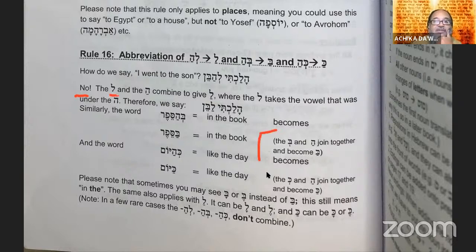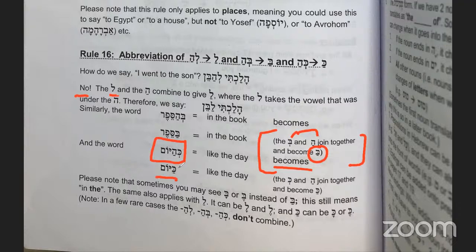And then over here, they give an example of what they were doing. They're combining them together. And then this and this together equals this. And that's what it becomes. Not a big deal. Instead of saying like the day like this, kahayom, we wouldn't say that. We would just say what? Kayom.